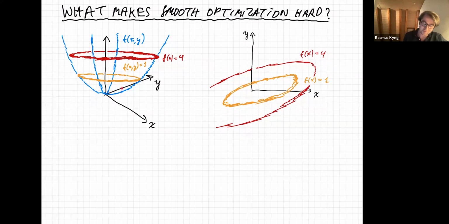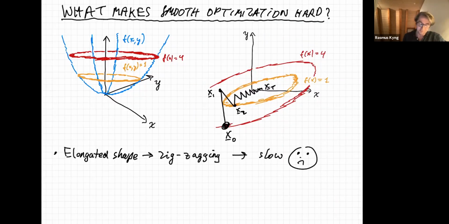So here I've tried as best as my drawing skills allow to draw a function of 2 coordinates, so x and y, f of x, y, this blue thing, and to draw a constant value curve in orange here where the function value is 1 and a constant value curve where the function value is 4. And then I draw the same thing here viewed from above. So that's just the xy plane, and there's the constant value curves of 1 and 4.